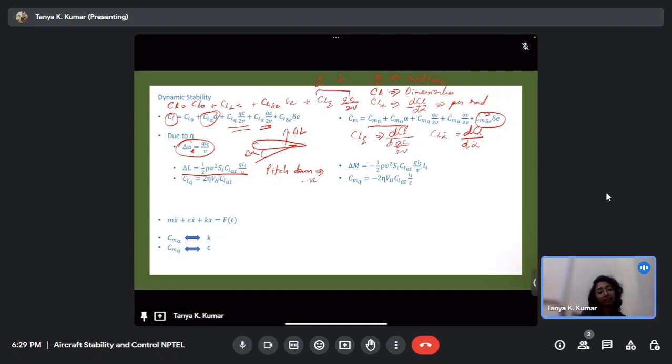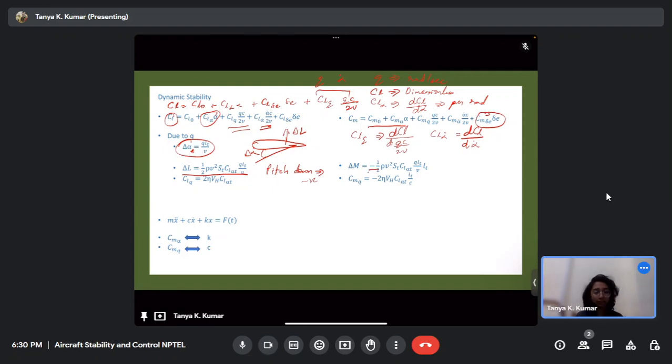Due to an increase in lift at the tail, it will produce a pitch down motion.